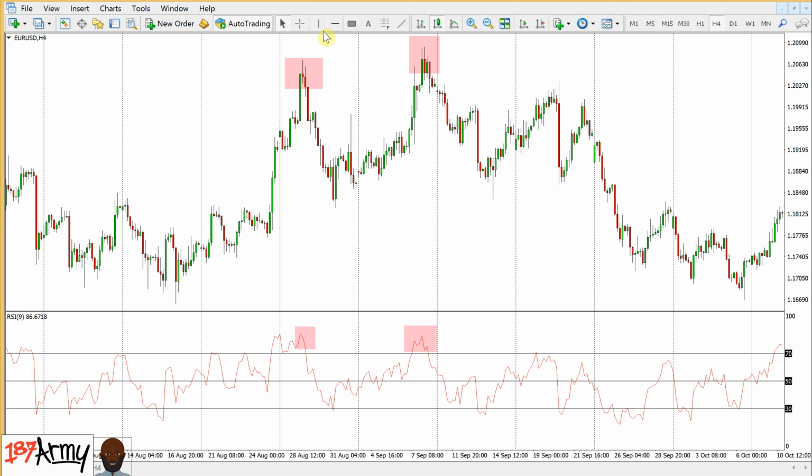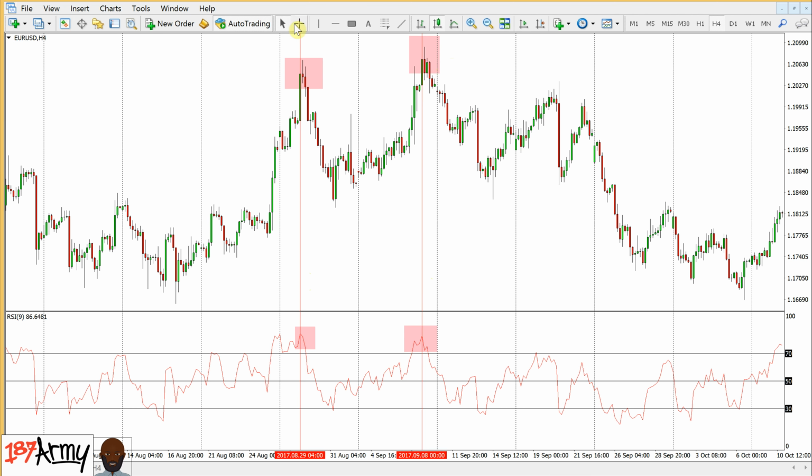And what I'll do again is get the vertical line, draw the line here at the top of the RSI, and draw a line here. So now you can see that the two peaks on the RSI have been highlighted, and the two peaks of price have also been highlighted.